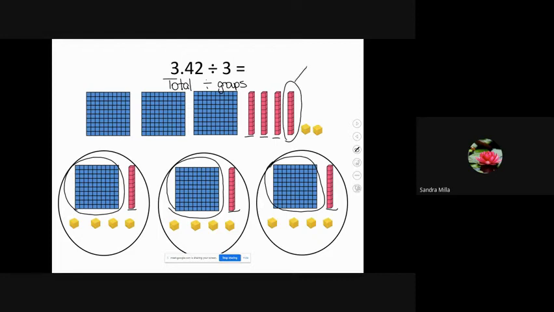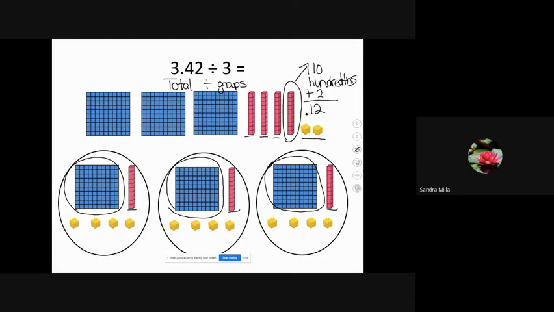So we have to go back in there, and now this has to become hundredths. We would break this up into hundredths, which gives me 10 hundredths, plus the 2 that I already have, for a total of 12 hundredths. 12 of these small yellow cubes is what we have, and that can be separated among the three groups as well.